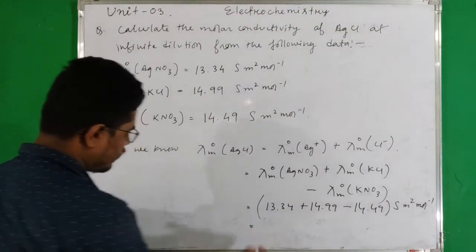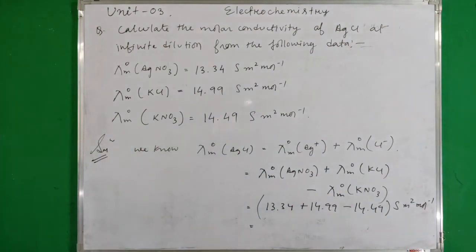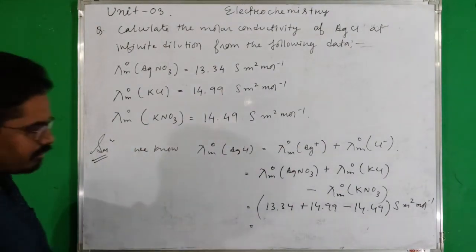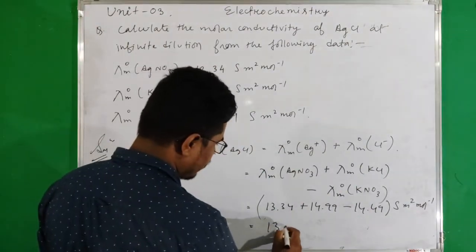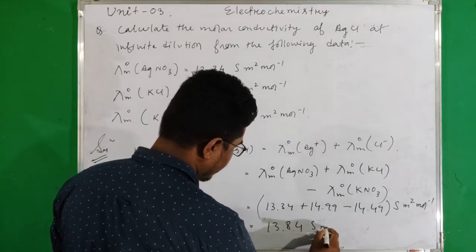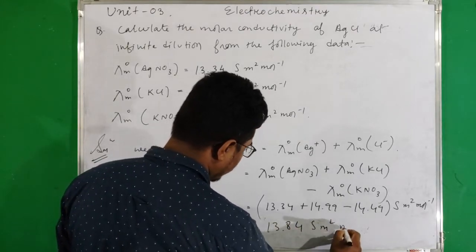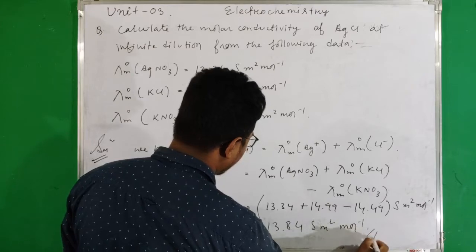So after calculating, the answer is 13.84 Siemens meter square per mole.